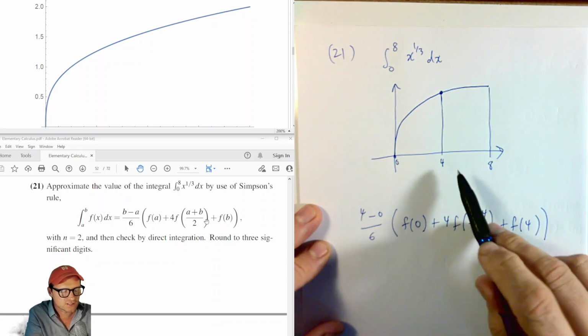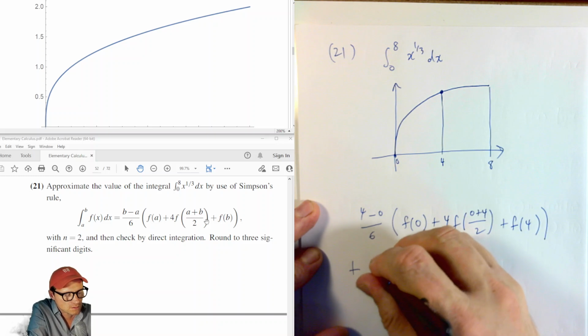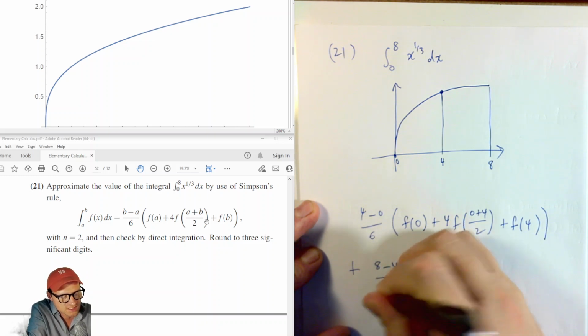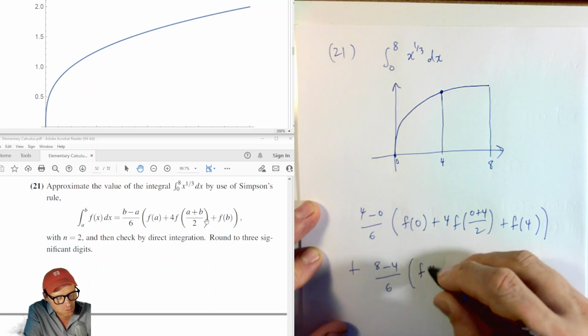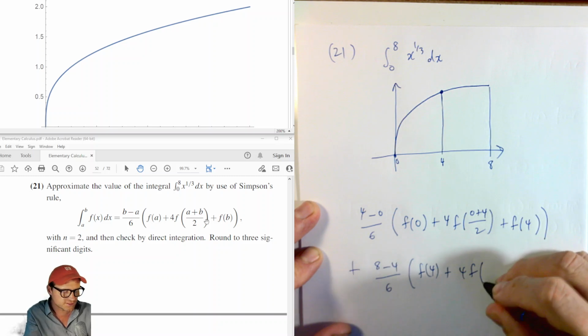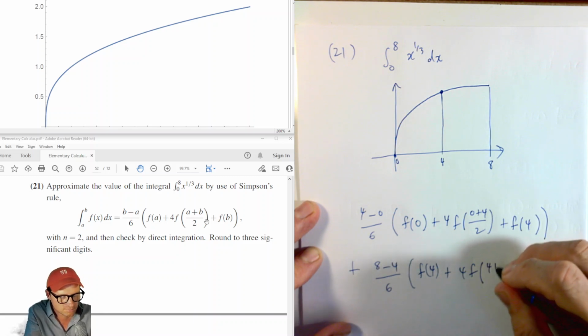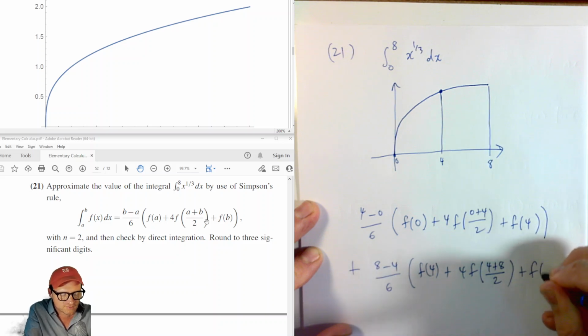Okay, and now we need to do this from 4 to 8 as well. So 8 minus 4 over 6. F of 4 plus 4 times f of the sum of 4 and 8 all over 2 plus f of 8.